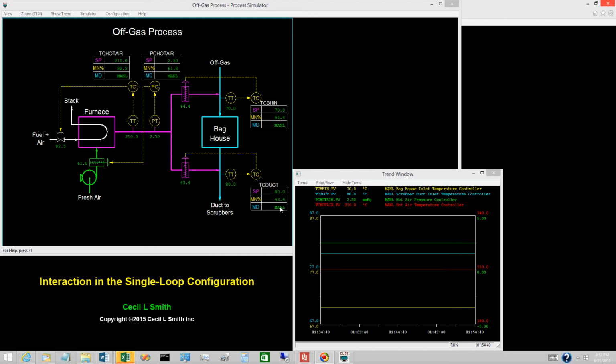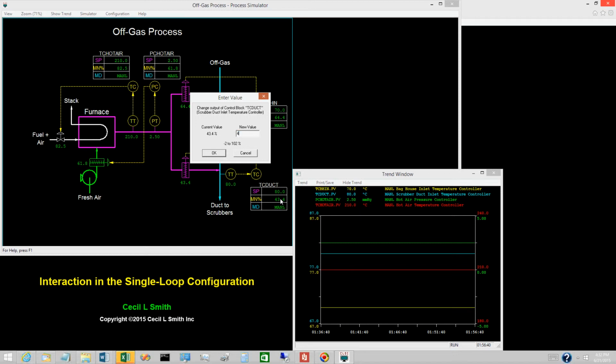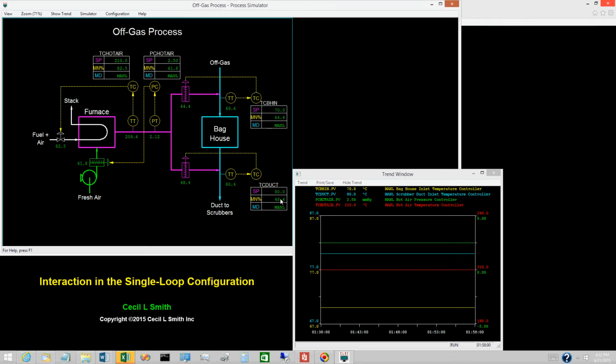To start the test, we increase the output of the scrubber duct inlet temperature controller by 5%. We must wait for the process to line out.